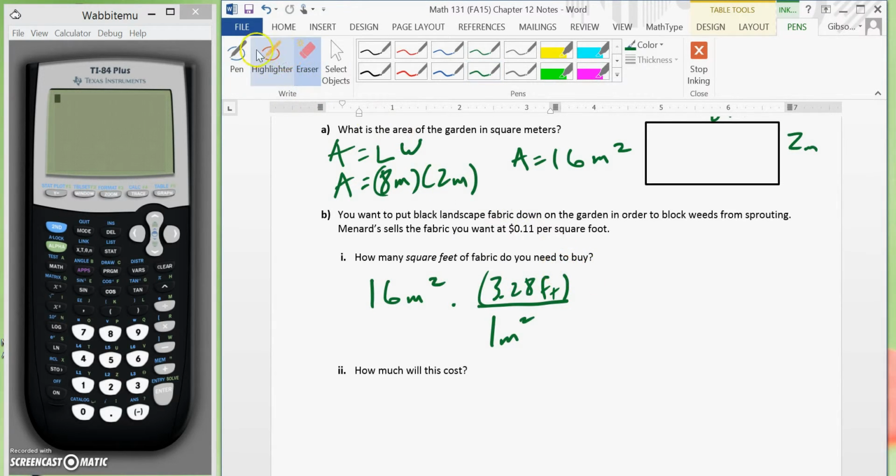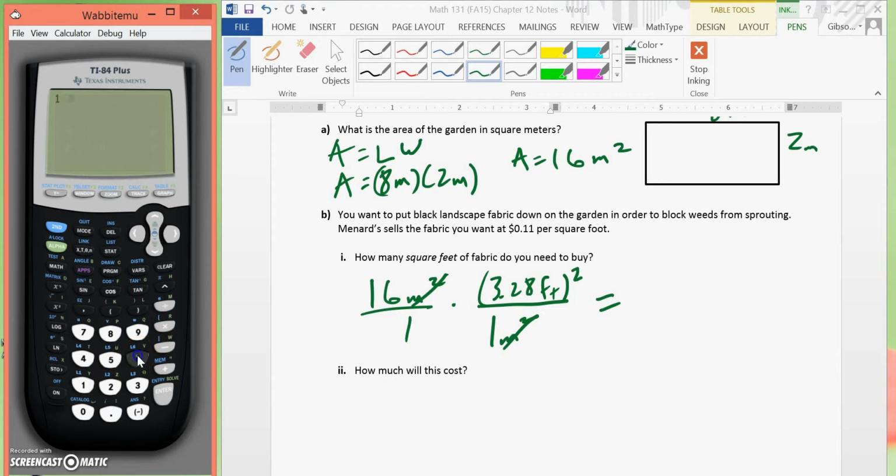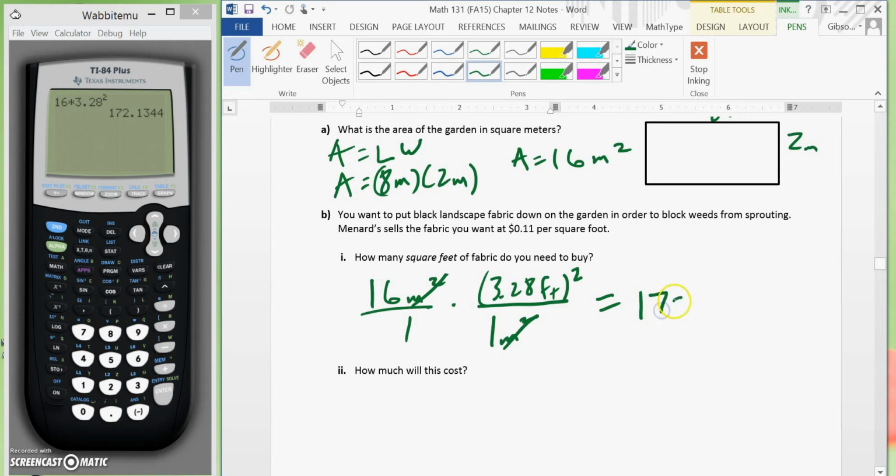Now that we have this, since we have access to a calculator, we can put this in a calculator and then square the final answer. So it would be 16 times 3.28 squared. Then that would give us, if we round to 1 decimal place, 172.1. So this would be 172.1 square feet.